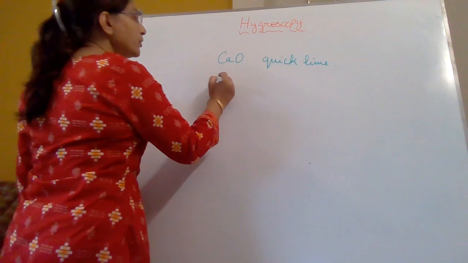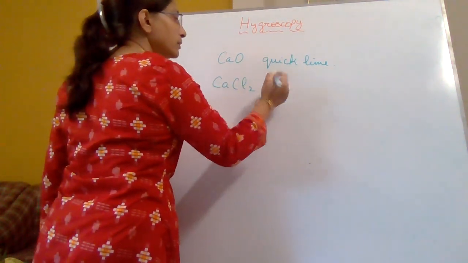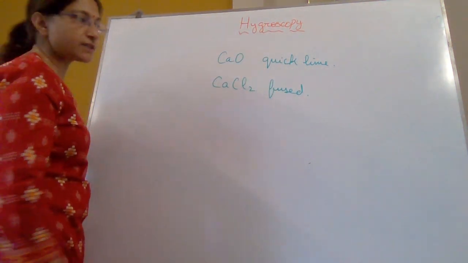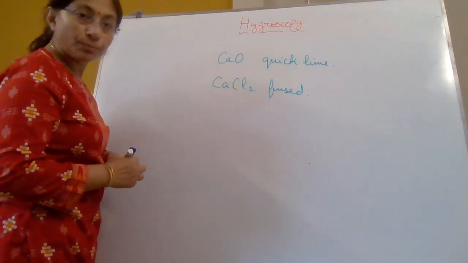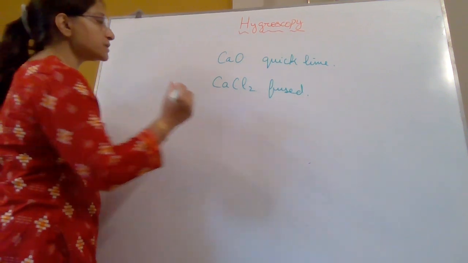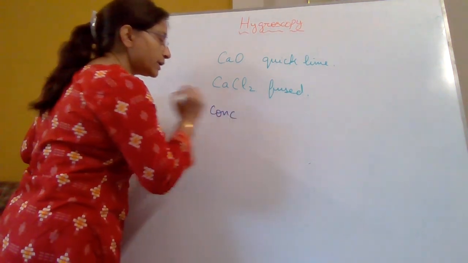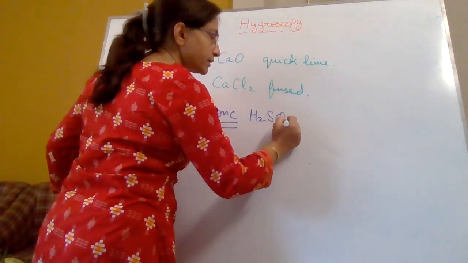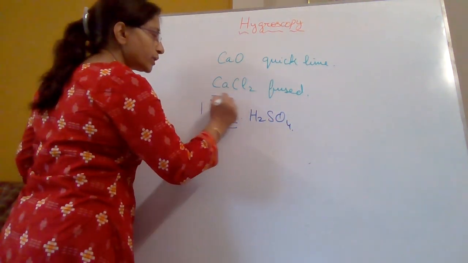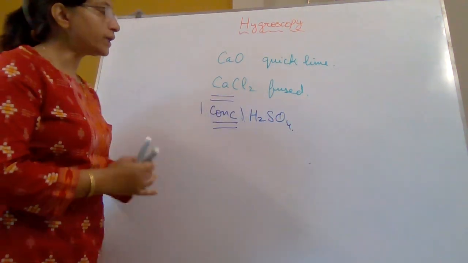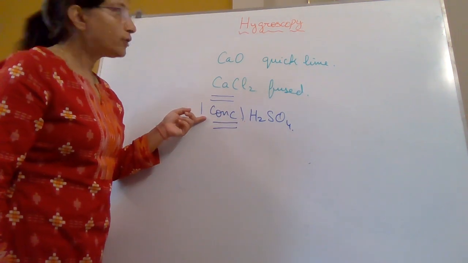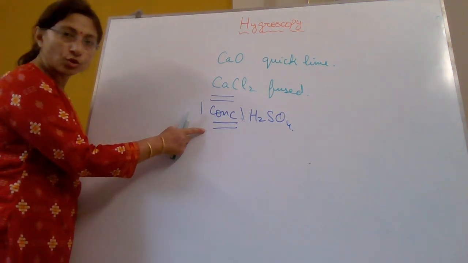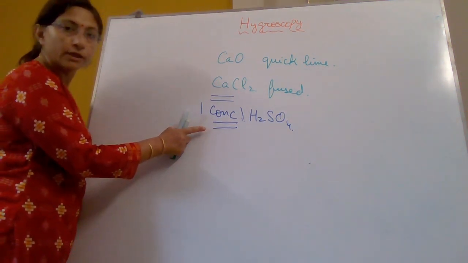Then there is calcium chloride. This is also a kind of hygroscopic substance, but the most important hygroscopic substance that we must keep in mind is concentrated sulfuric acid. Please keep in mind that sulfuric acid is hygroscopic when it is concentrated in nature. The dilute sulfuric acid does not act as a hygroscopic substance.